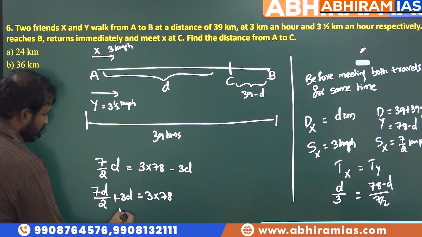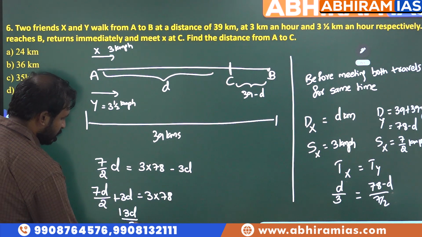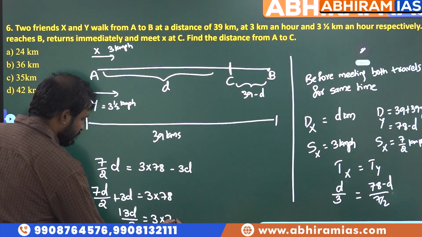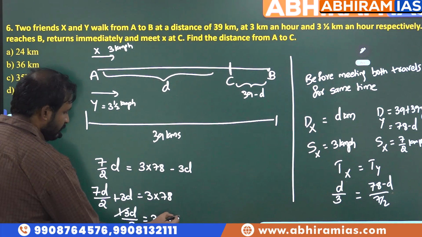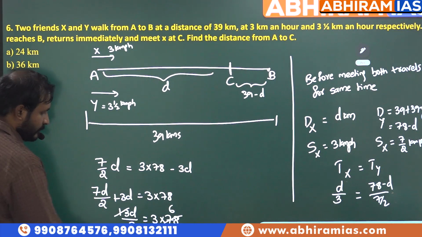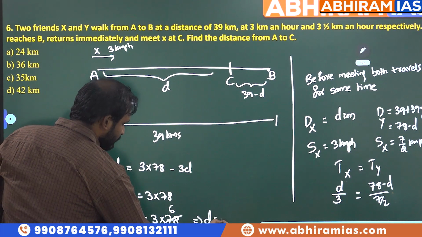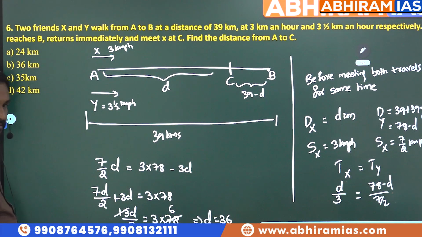So 13D by 2 is equal to 3 into 78. 13 ones are 13, 13 sixes are 78. The D value will become 36. So the distance between A and C is 36 kilometers.